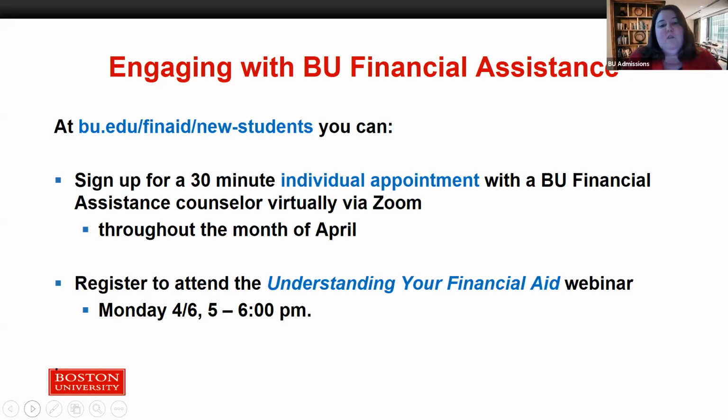Yes, students who didn't receive financial aid this year for one reason or another can definitely reapply, particularly if your circumstances change. We want to hear from you. The great thing about BU is once you're enrolled at BU, we will do what we can to keep you at BU, because you're our student. We don't want to lose you. So there's definitely opportunities to reapply for need-based aid once you're here.